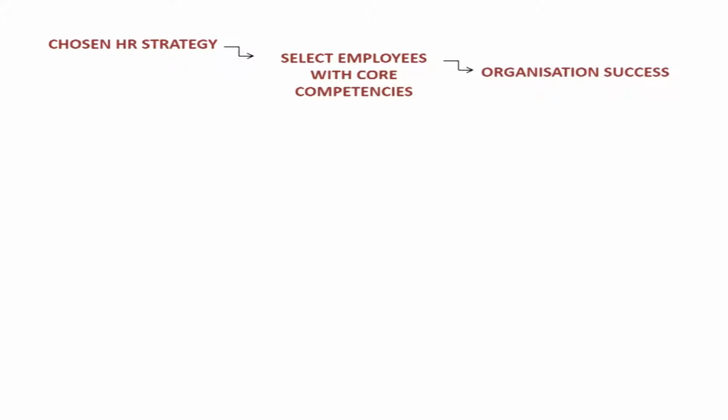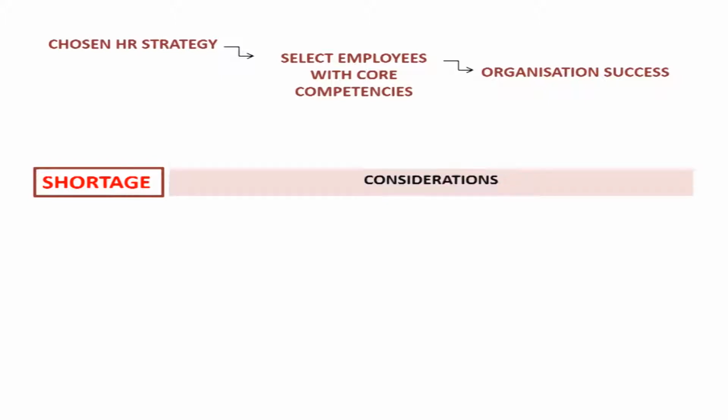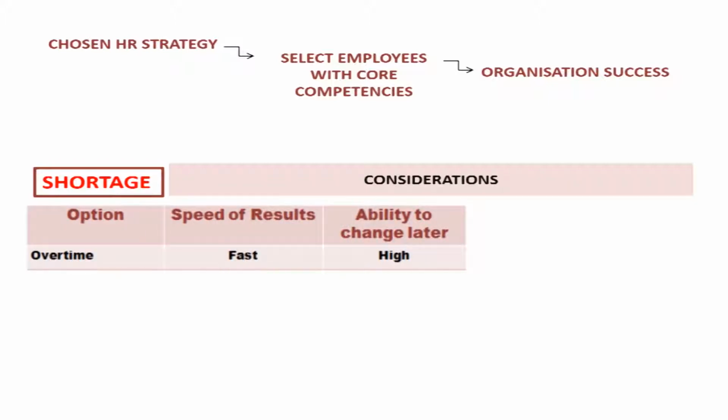For example, when we are looking at options for dealing with labor shortage and we select the option of overtime, then along with the speed of result and the human suffering caused, we also need to consider the employees who have core competencies.